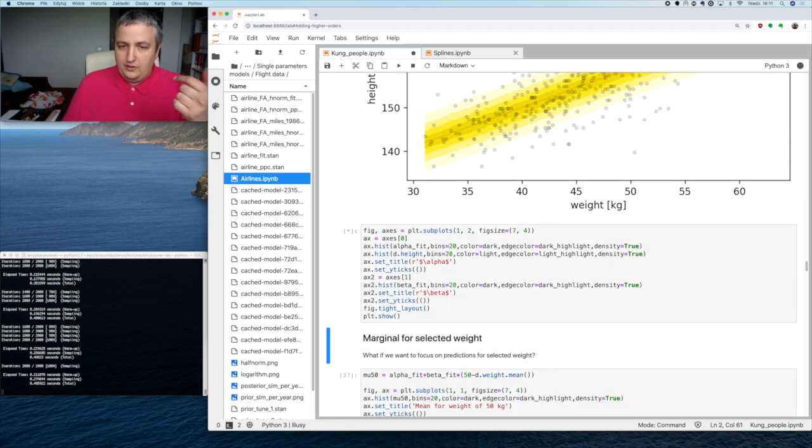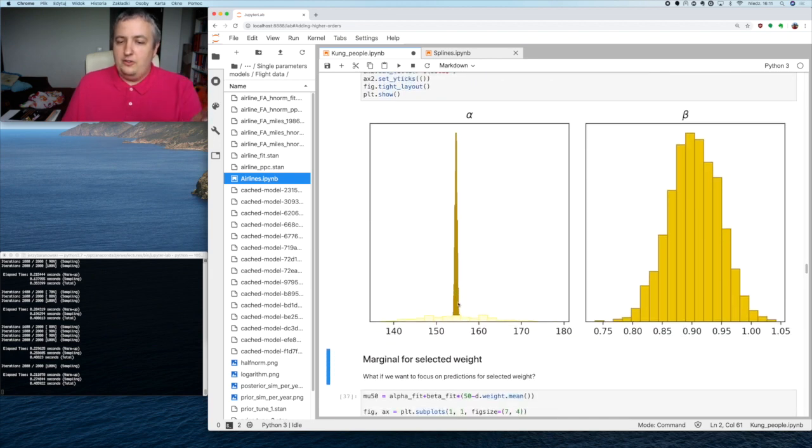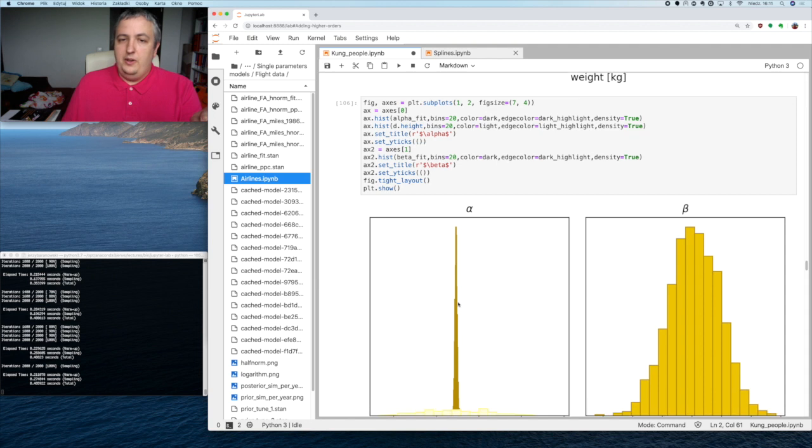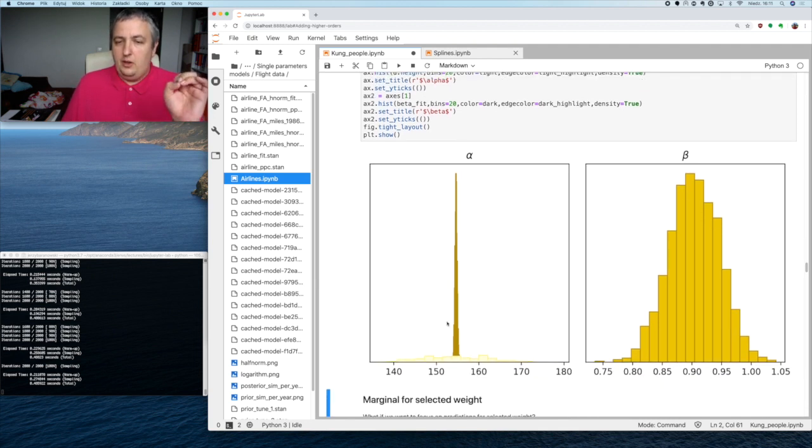If we look at our model's results, we see that the alpha coefficient, the mean, is very tightly estimated, and as you can see, it's consistent with the histogram of actual measurements of people's height.